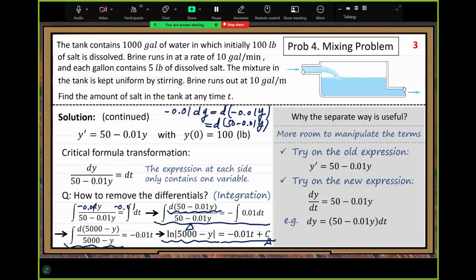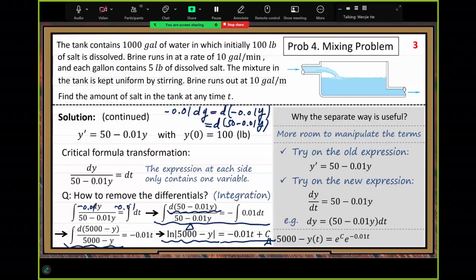If our claim is proved, we can write that equation without that absolute value. After we remove the absolute value, 5,000 minus y function equals e to the c. That c is undetermined. We need to use the initial condition to determine that c.